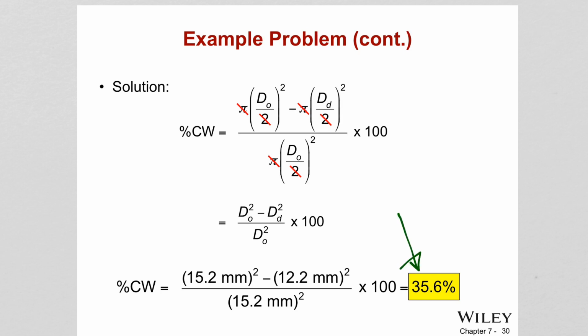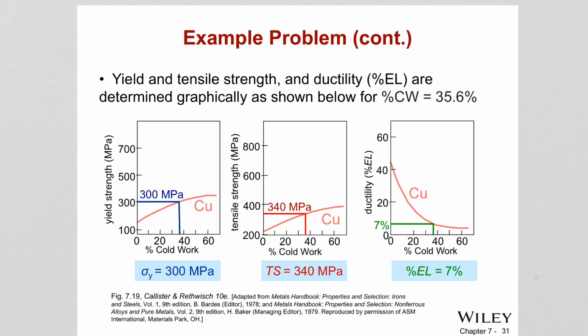work. Now, we need to relate this cold work percentage to tensile yield and ductility. And this can only be done if you are given the experimental results and those graphs. Basically, based on how much cold work you have done, what are the corresponding strength values or the corresponding ductility values. So this information has to be given to you, right?